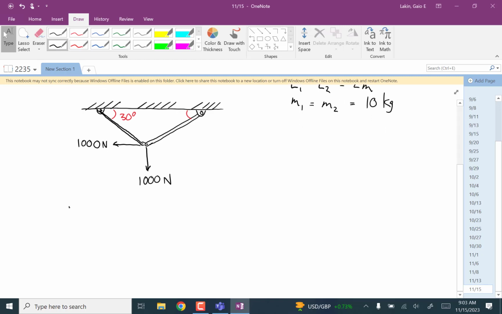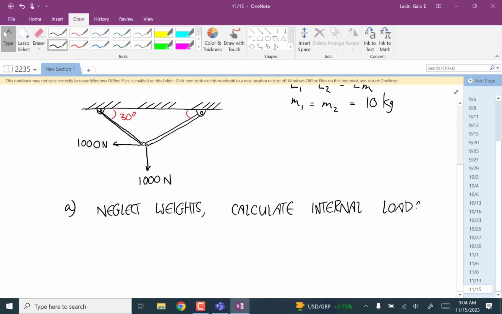Okay, so we're going to do this 2 ways. First, we're going to neglect the weights, and we're going to calculate the internal loads and draw the internal load diagrams.